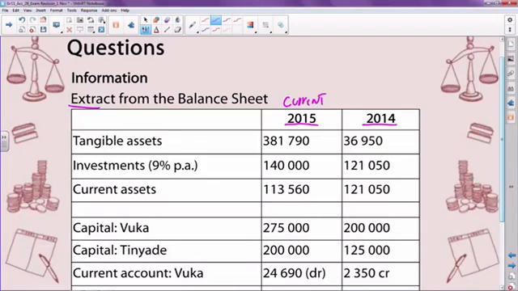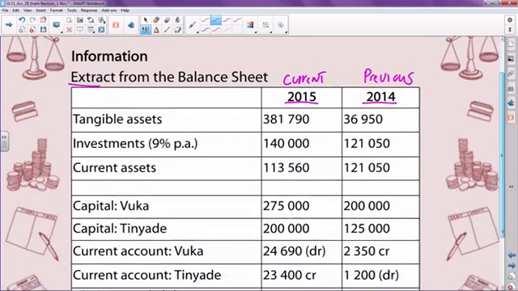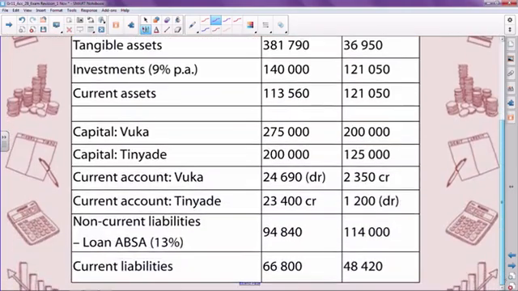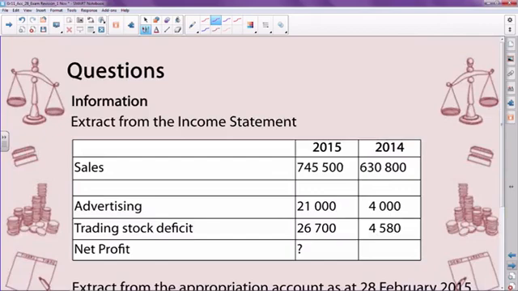And 2014, which is the previous financial year. Now remember, guys, in ratio analysis, you're obviously doing a comparison between one year to the next, the previous financial year to the current financial year. Right, so I've got an extract of the balance sheet that is given to me, not the entire balance sheet, but just an extract. Right, let's look further.